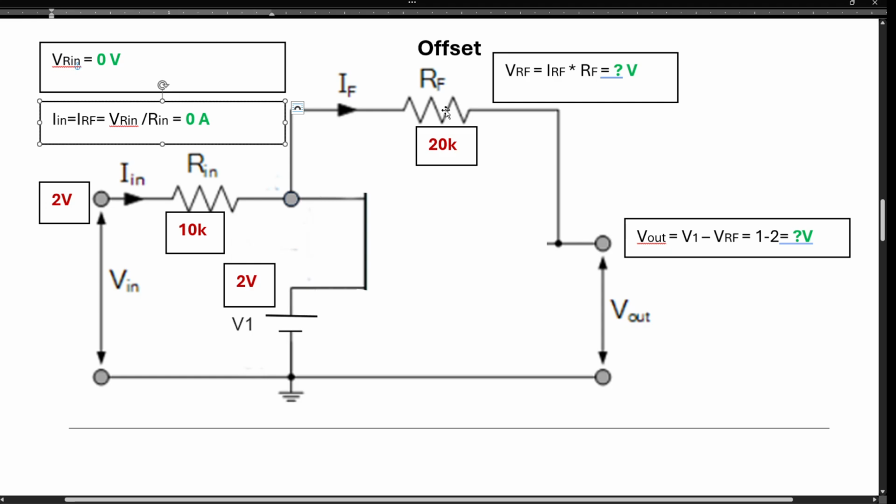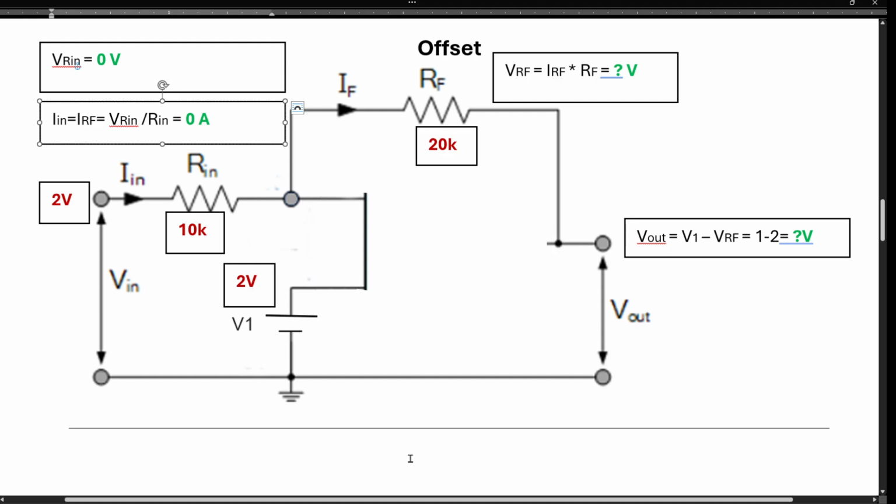What is the voltage drop across the resistor? 0 amps is going to give us 0 voltage drop on this resistor. So since this is 2 volts, we come to here, and we go neither up nor down. We stay because there is no voltage drop. This is going to give us 2 volts.